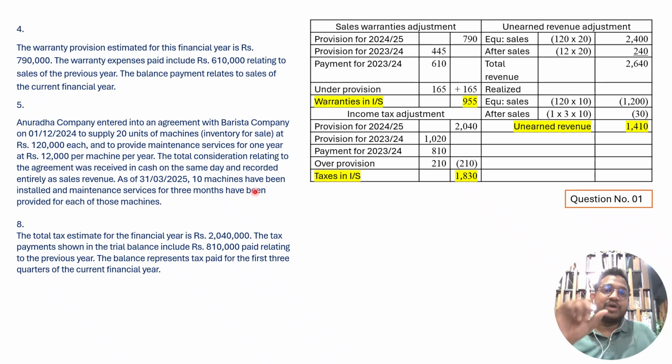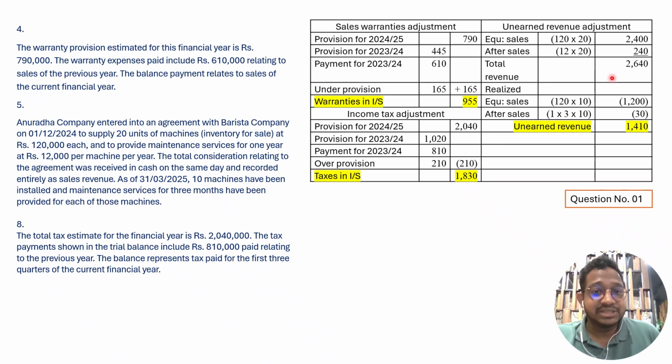So from that adjustment, you have to identify the unearned revenue, and that unearned revenue you should subtract from sales, and then identify that as a current liability. So here, the total equipment sales revenue is 2,400, and after sales income is 240. So the total revenue is 2,640.